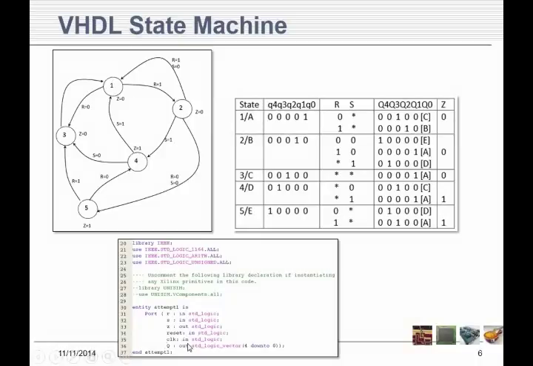I've got a clock called CLK, and since it's one hot encoding, I've got five state variables, or five flip-flops, that are going to be there. So I have Q is output standard logic vector 4 down to 0.